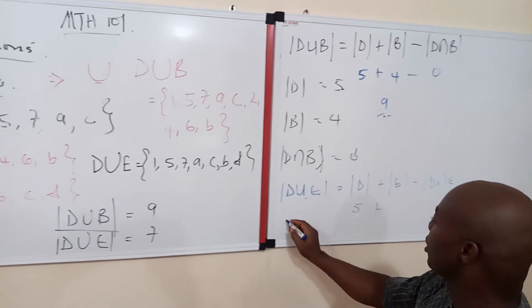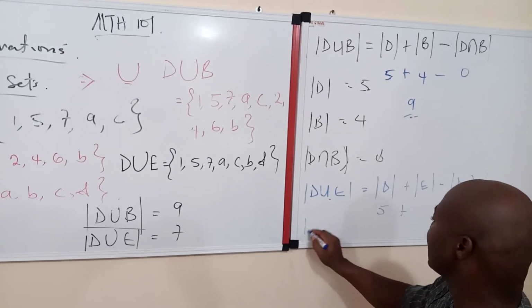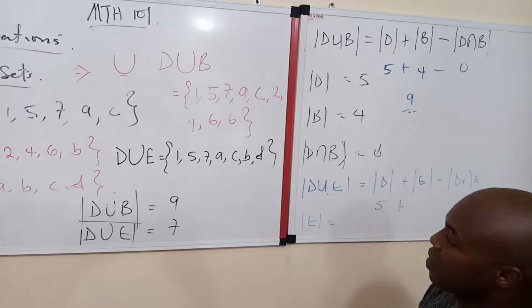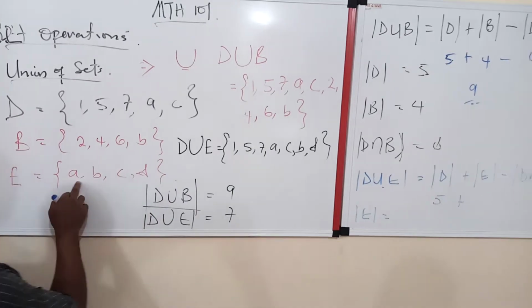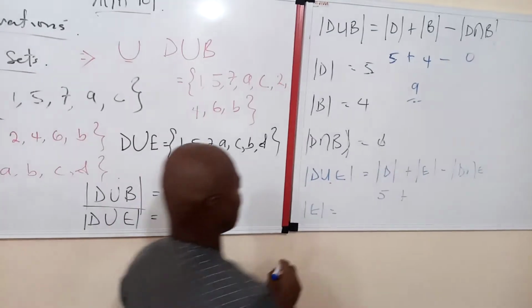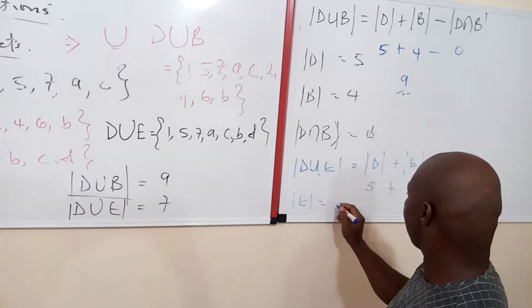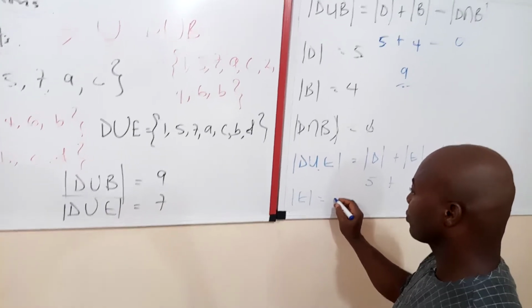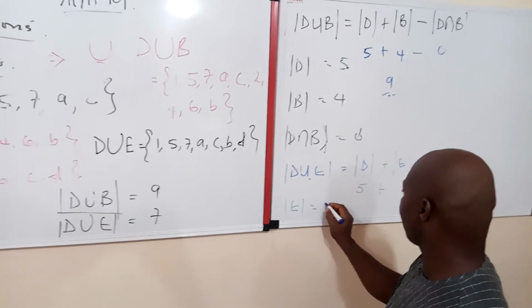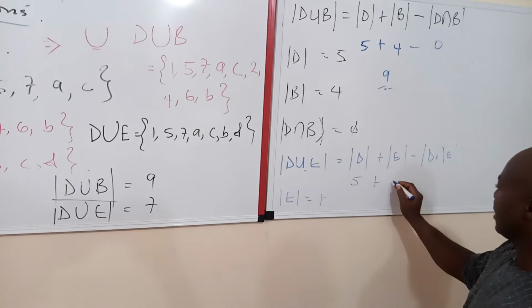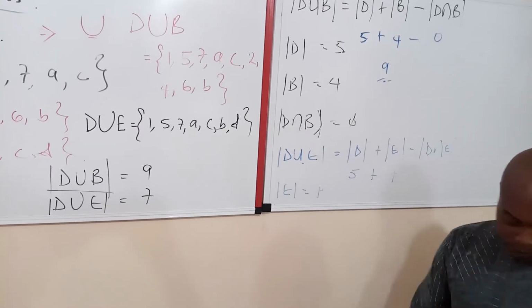For that of E, we don't know it yet, so what is the cardinality of E? You can count 1, 2, 3, 4. You can see that the cardinality of E is also 4.